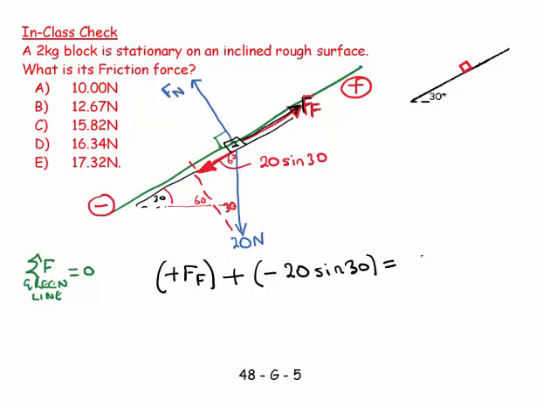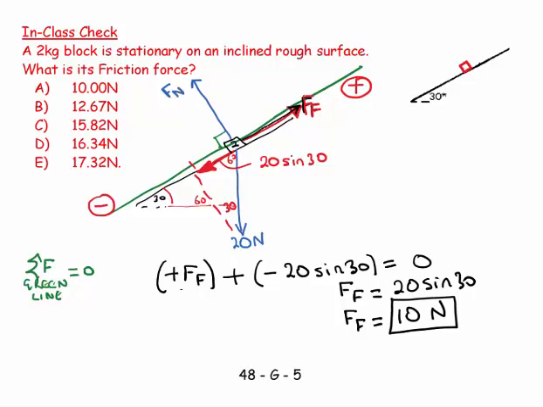And these added together equals 0. Rearrange, FF is equal to 20 sine 30. I know the answer to this one, it's going to be 10 newtons.